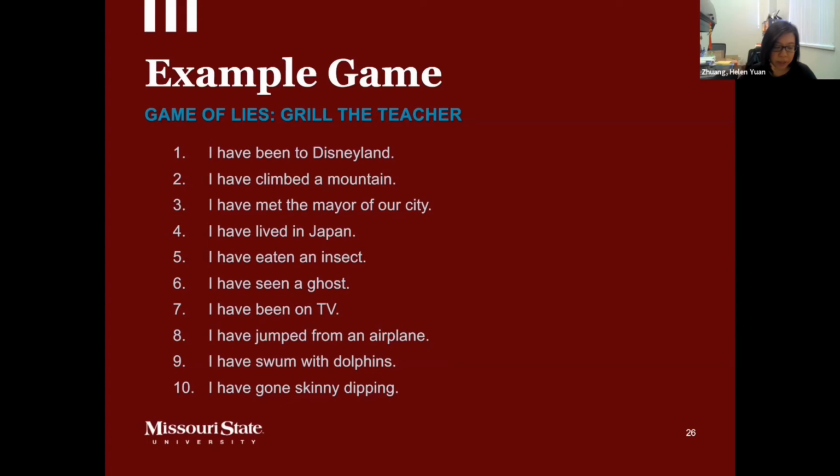Okay. During the game, you can write or display these 10 statements on the board or screen, and then read the statements to your students. And then break the students into small groups, usually 3 to 5 students per group, depending on your class size.